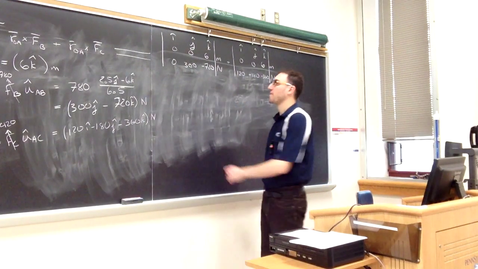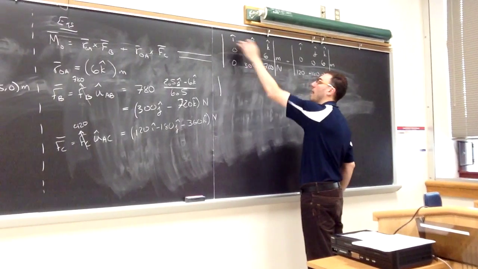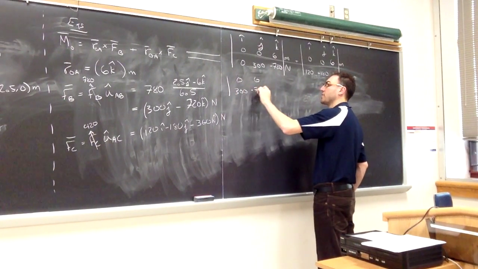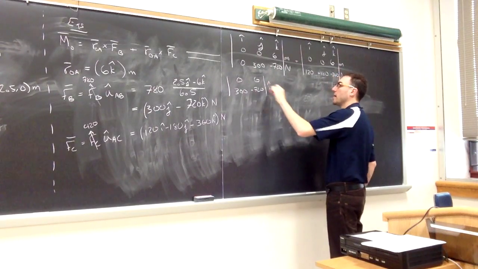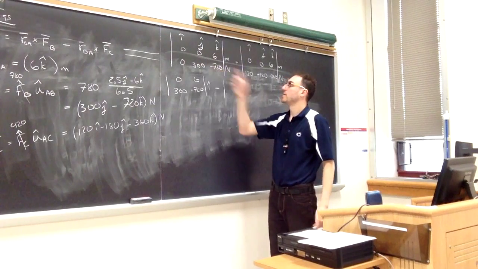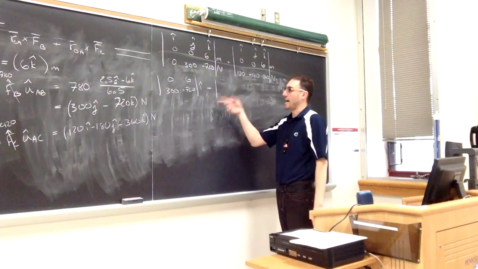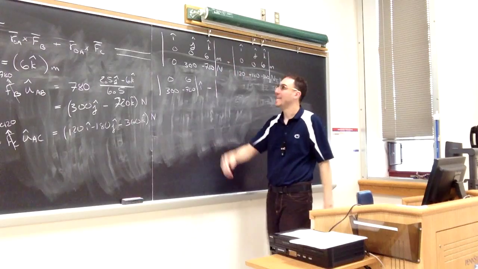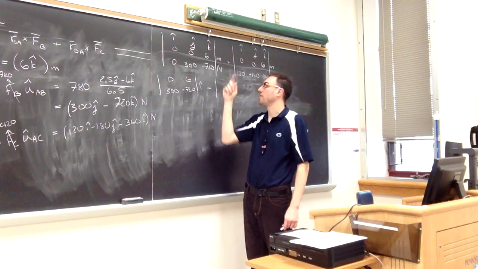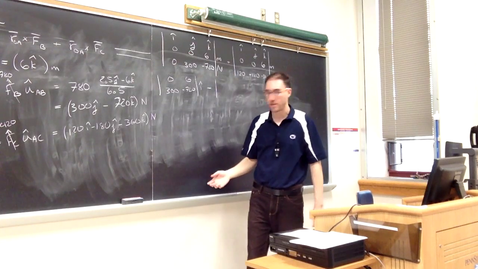So if we expand this first determinant out, we're going to have 0, 6, 300, negative 720, i. The j will be 0, 0, 6, negative 720. As a shortcut, anytime you have a column of zeros or a row of zeros in your determinant, it's going to be 0.